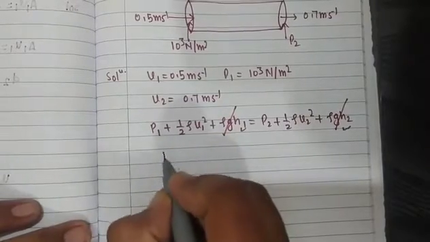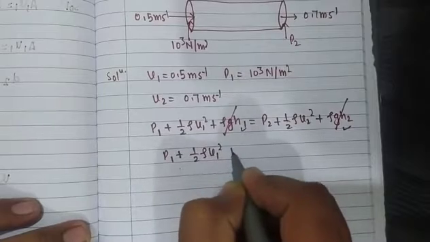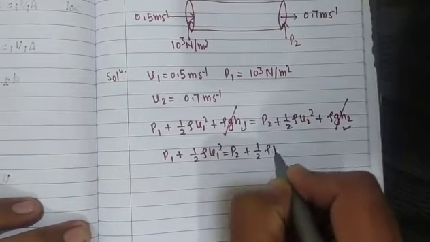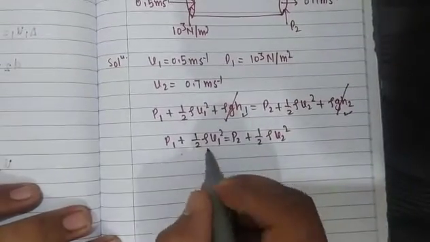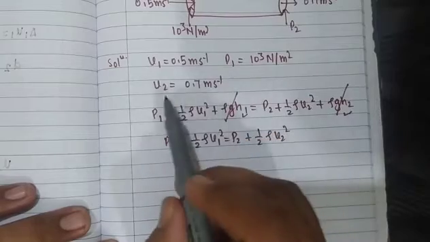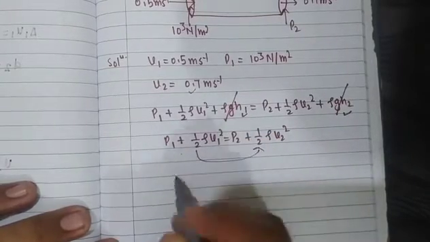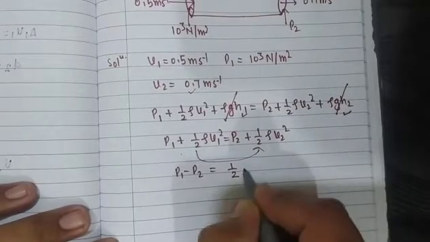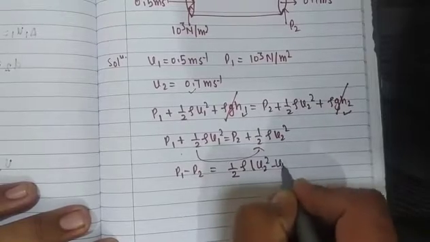So we will have P1 plus 1 by 2 rho V1 square is equal to P2 plus 1 by 2 rho V2 square. So as you can see that V2 is greater, so we will transfer this term here. So P1 minus P2 will be equal to 1 by 2 rho into V2 square minus V1 square.